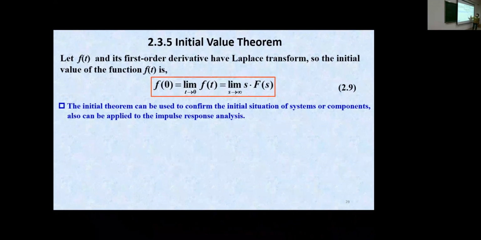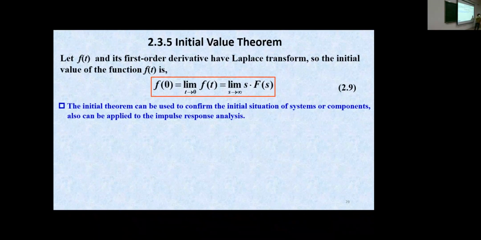And if we do the limit no longer in the time domain, but in the s domain, then the equation changes to the limit of F(s), where F(s) is the Laplace transform of f(t), when s tends to what? Infinity. They're not the same, right? One tends to 0, the other tends to infinity.